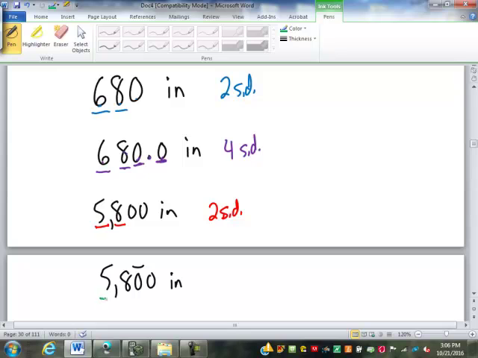Well, my 5 and 8, of course, are significant. What about this 0? Yeah, because the bar above it tells us it's significant. What about this 0? Nope, it's still before the decimal and not between any other significant digits. So this number has 3 significant digits.